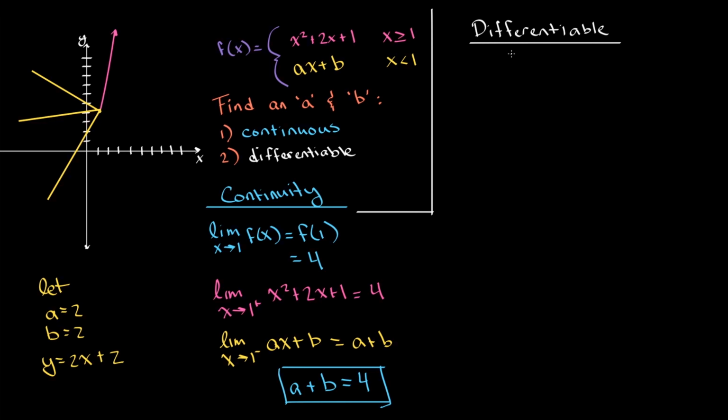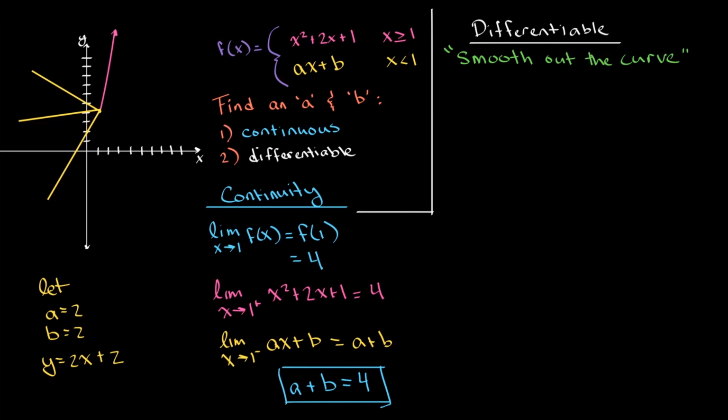Now differentiability is saying, okay, we're going to constrain that a little bit, so that when we construct a line, it not only needs to connect up to this piece of the parabola, but when it does so, it needs to have the same slope. So when we find our differentiability condition, we're really trying to smooth out the curve. More formally, we need our left and right-handed limits as x goes to 1 of the derivative function to match.